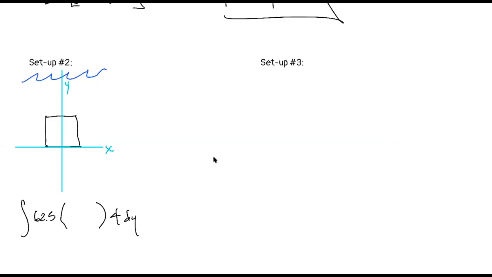If I start with my x-axis down here, what's my bottom bound going to be? Yeah, the bottom bound's going to be 0. And then what's my top bound going to be? Still 4. It's still going to be 4. Okay, so I'm going from 0 to 4.